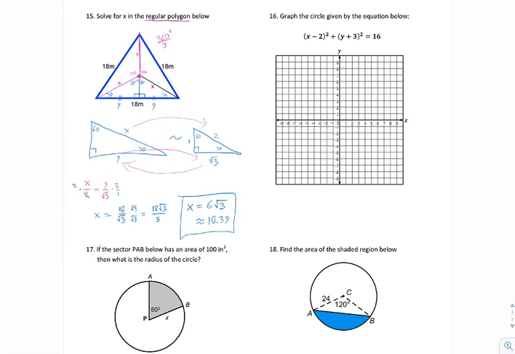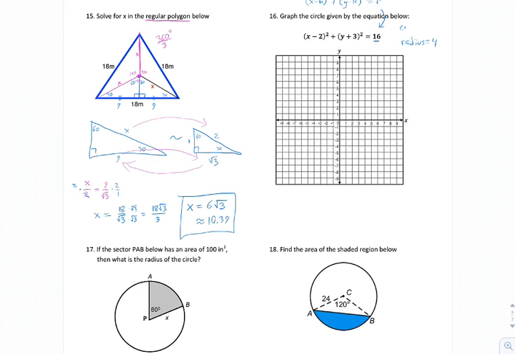Okay, graph the circle given by the equation below. Again, I made one small change here. There was a slight typo, so your printed version might have a 14 there, depending on when you printed it. So the formula used here is x minus h squared plus y minus k squared equals r squared. Right away I can see what number squared makes 16. Our radius is 4.